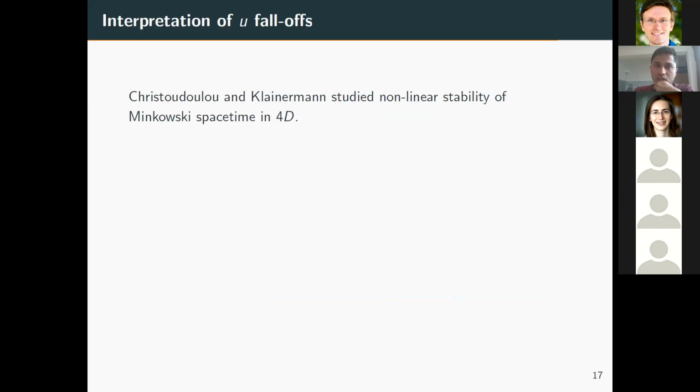For this, we have to look at the analysis done by Christodoulou and Klainerman. They studied the nonlinear stability of Minkowski spacetime in 4 dimensions. In simple terms, they studied if you start with a small perturbation at some initial time slice, does it continue to be small at a later time or not? And they found some conditions for this to be true.